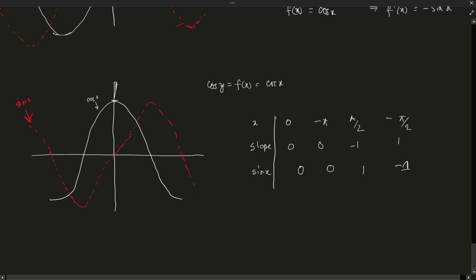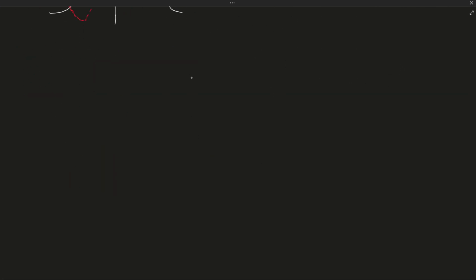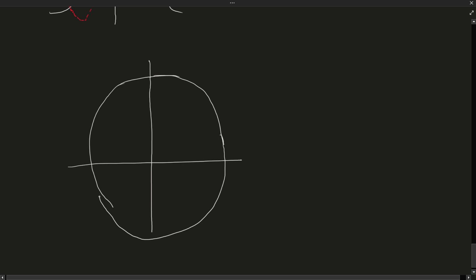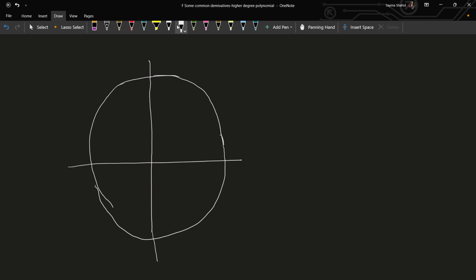So now let me draw something. Suppose this is an axis and this is also an axis, and suppose we have a circle here. Let me draw a radius.